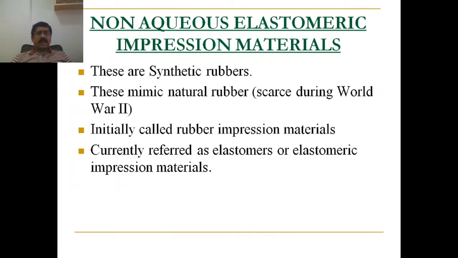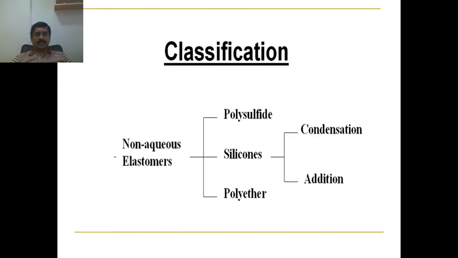Regarding the non-aqueous elastomeric impression materials, they are synthetic rubbers which mimic natural rubber. Initially they were called rubber impression materials and are currently referred to as elastomers or elastomeric impression materials. They are classified as polysulfide, silicones and polyether, where the silicones can be condensation silicones or addition silicones.